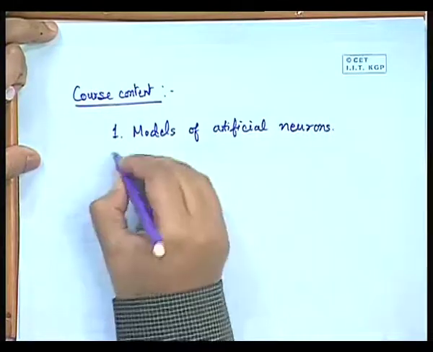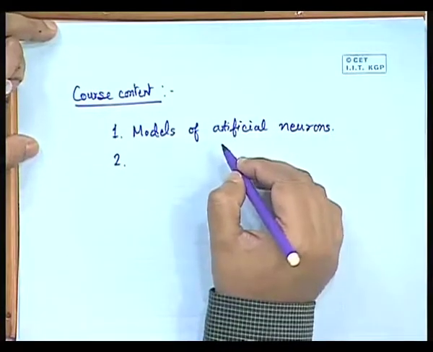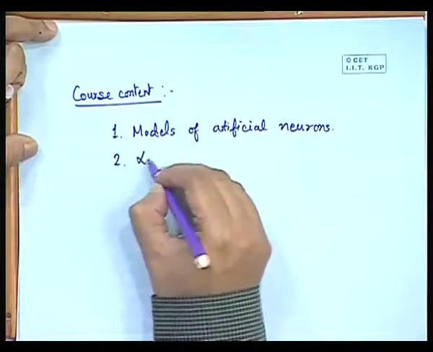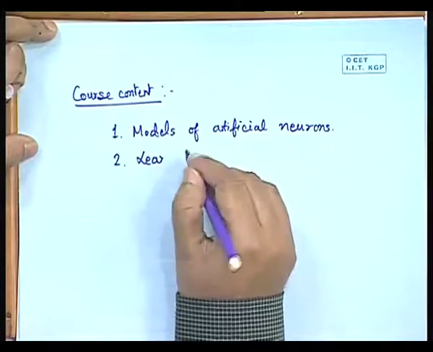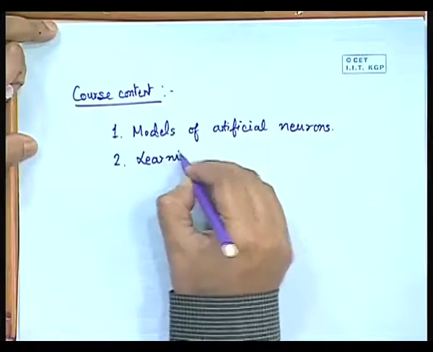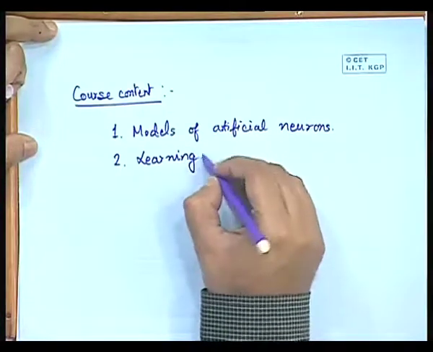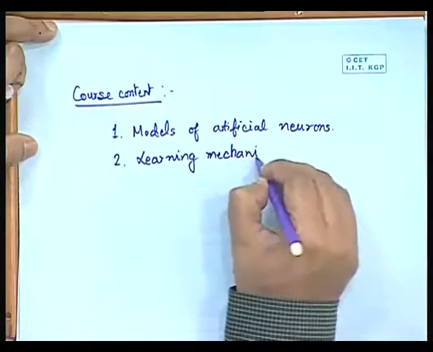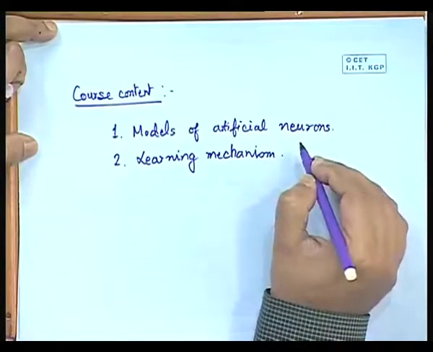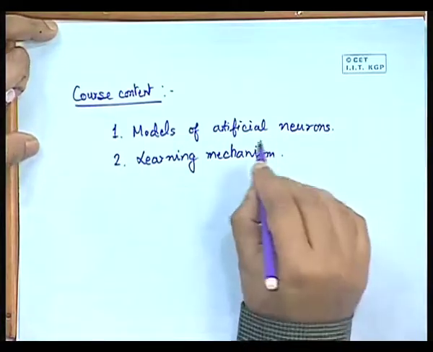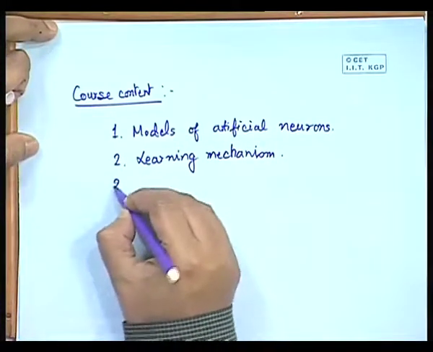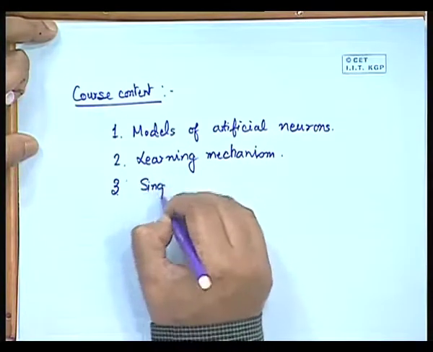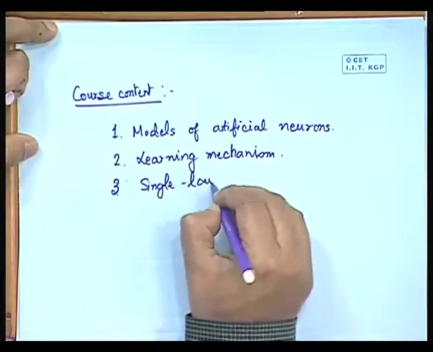And then we are going to consider the learning mechanisms, the different mechanisms of learning, supervised learning, unsupervised learning, the different conditions for learning, the auto associations, and all these things we will be seeing in this chapter. And then we will come to what is called the single layer perceptron.